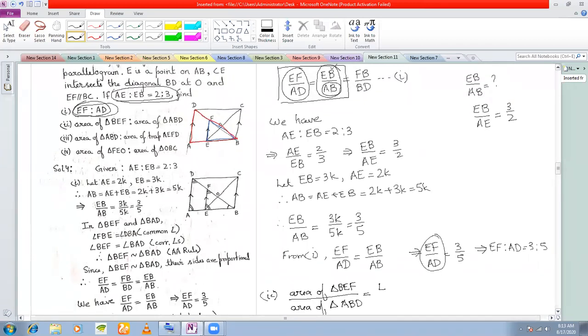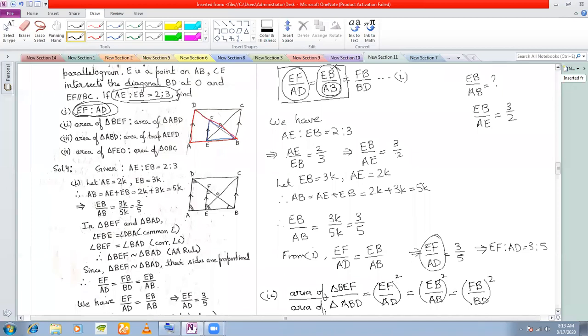EF by AD equal to EB by AB equal to FB by BD. Square of this, square of this, and the square of this.